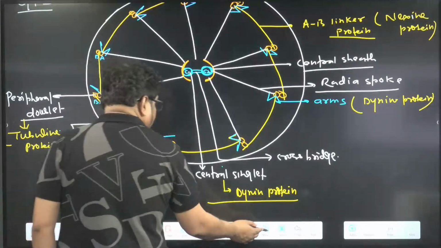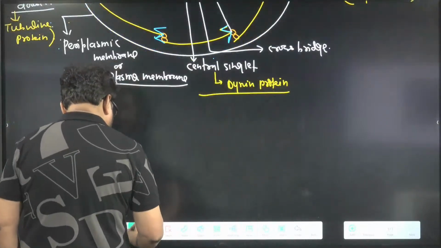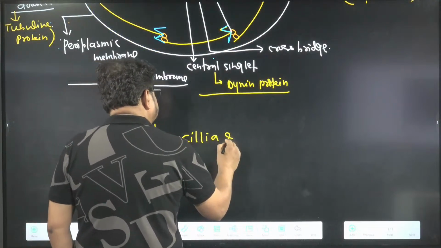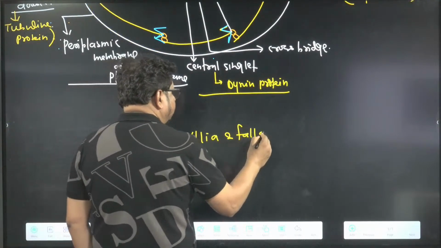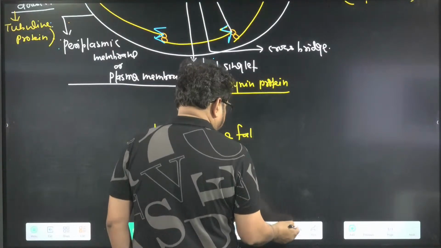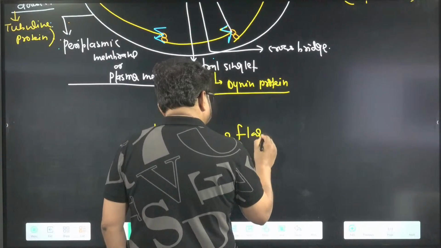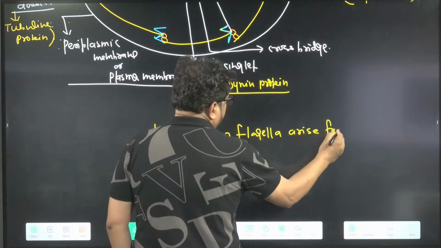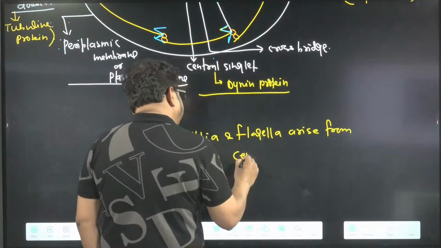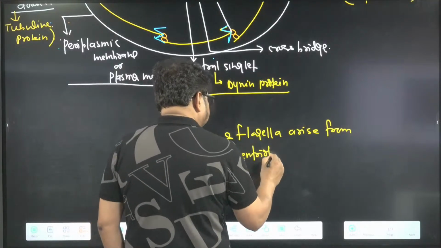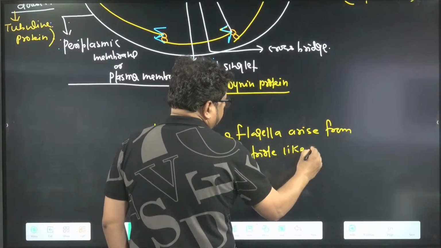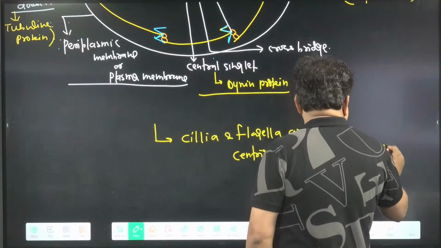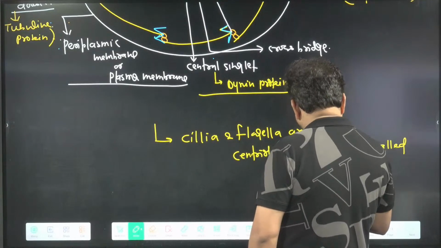Now I am telling one more line which is important and a question is going to be asked from here. Cilia and flagella arise from centriole-like structures called basal bodies.